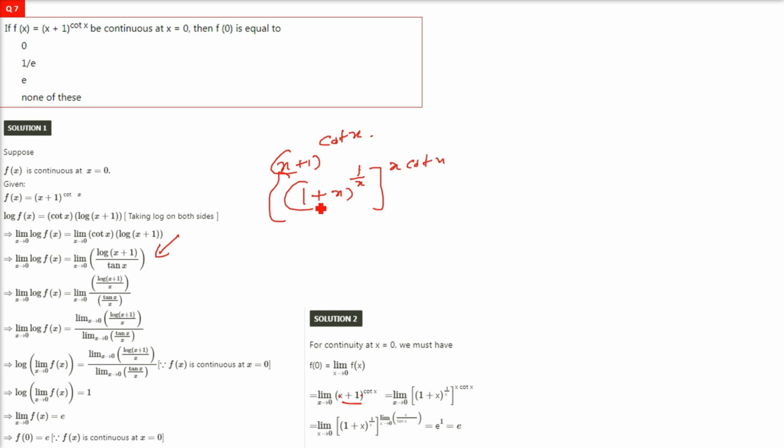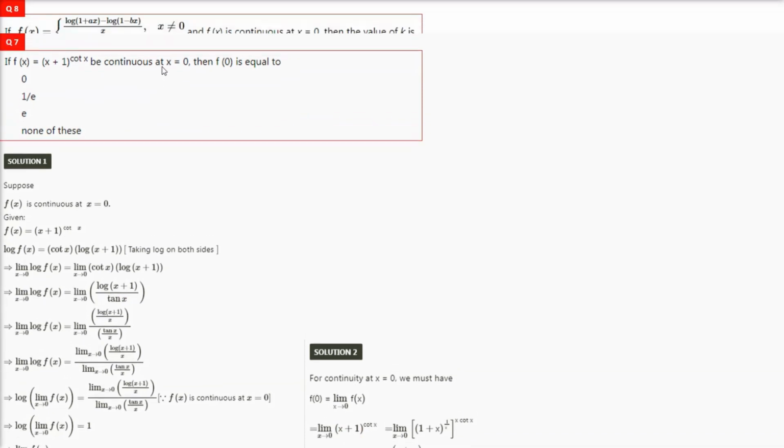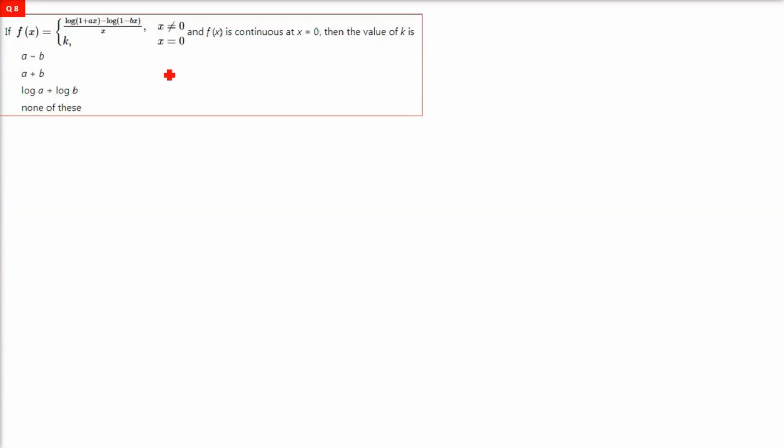We have introduced this x, that is why we have to write x cot x also. Now this is (1 plus x) to the power 1 by x, and then this is x by tan x, cot x is 1 by tan x. When you apply the limit, please remember, if you know the limits, limit (1 plus x) raised to the power 1 by x is e. So that is how the answer comes.